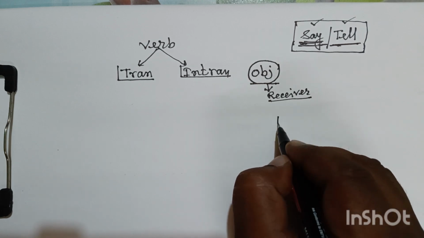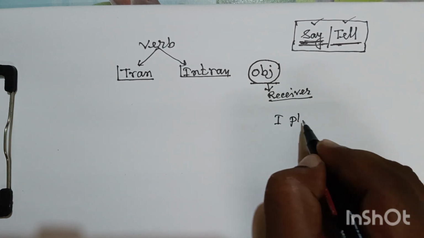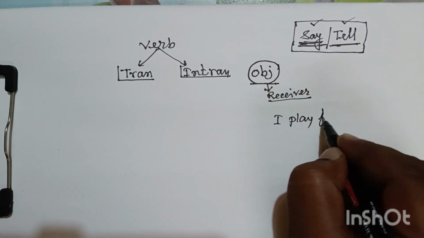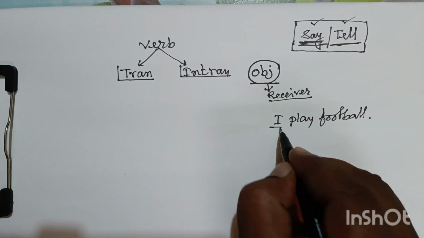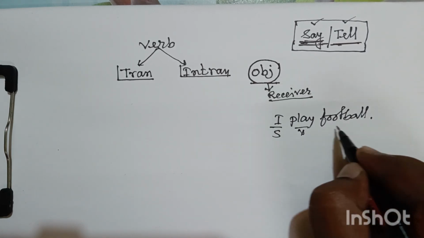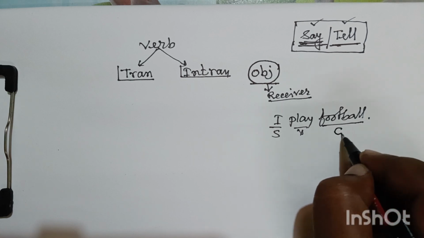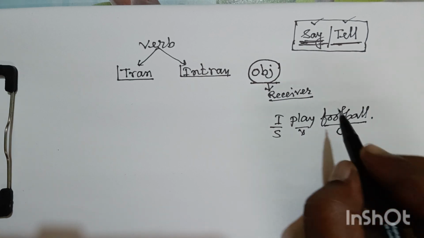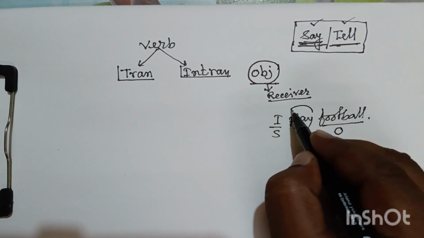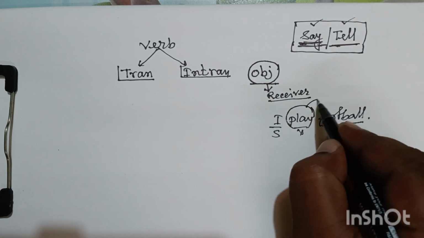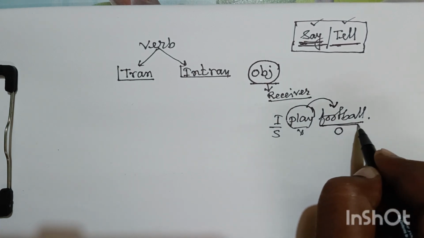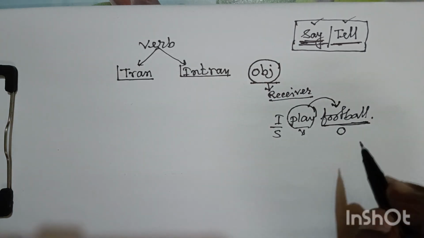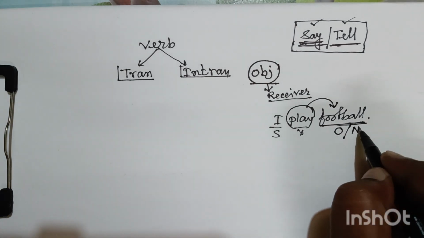Suppose I play football. Here in this sentence, I is the subject, play is the verb, and football is the object. Why is it the object? Because the action play transfers to this football, to this noun.